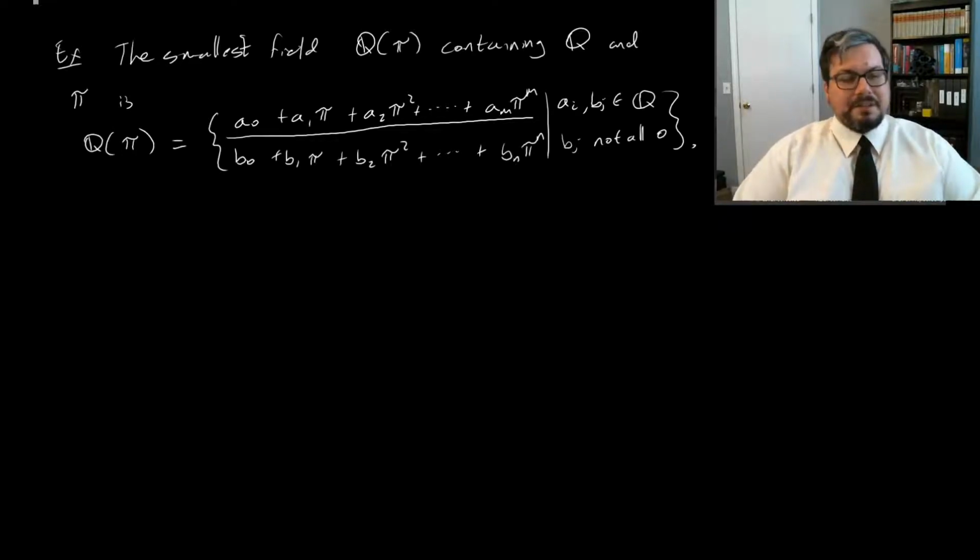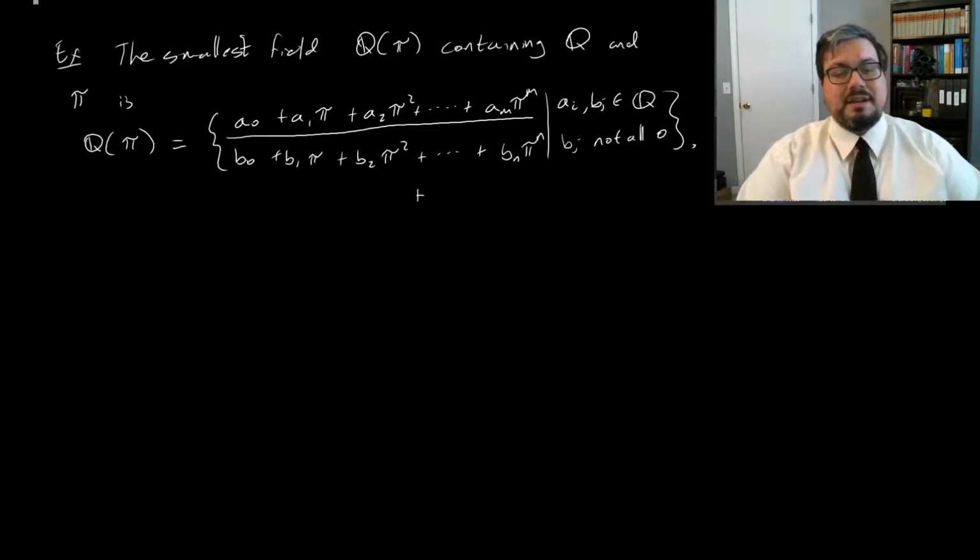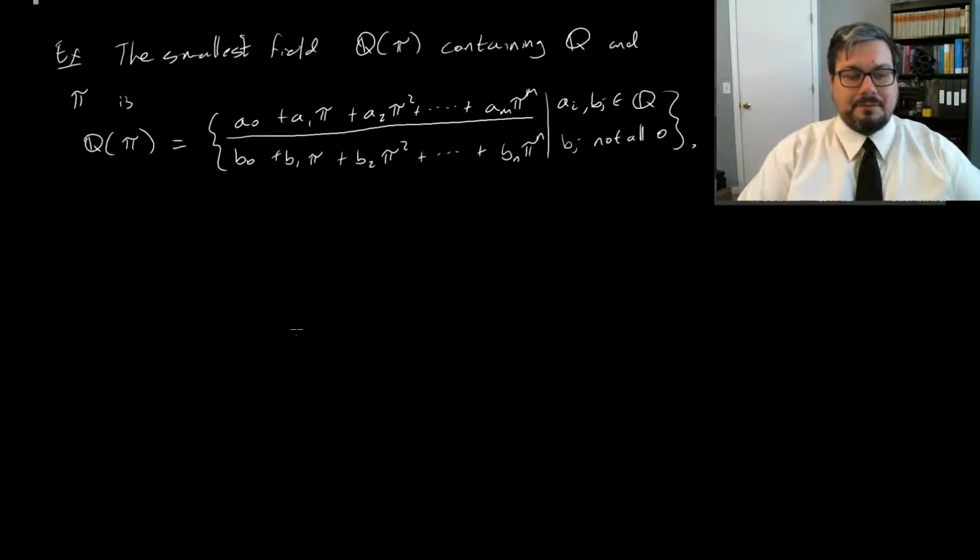So the smallest field containing both the rationals and pi consists of a bunch of numbers which look like this. And furthermore, you can tell when two of these elements are the same because they correspond to fractions of polynomials that would be the same back in the original fraction field.